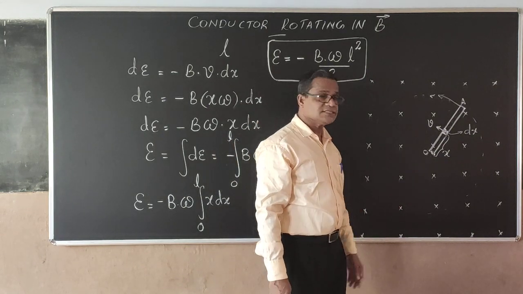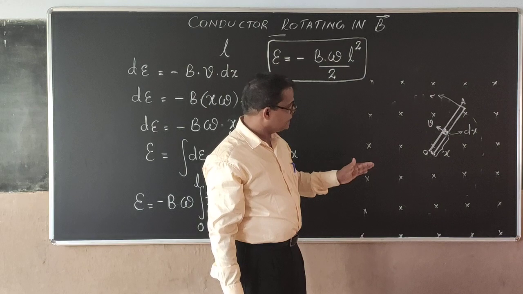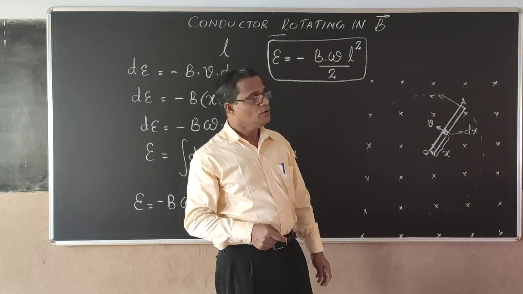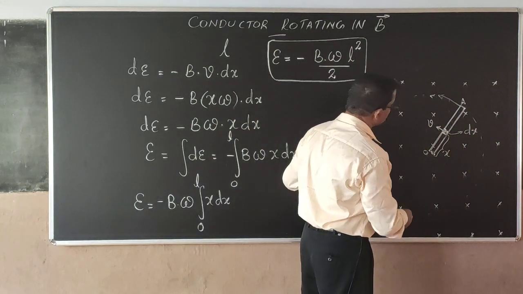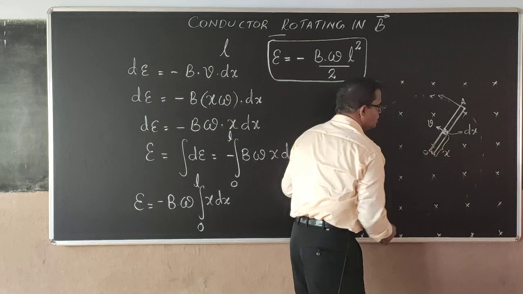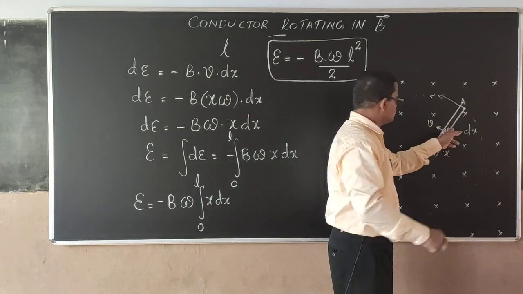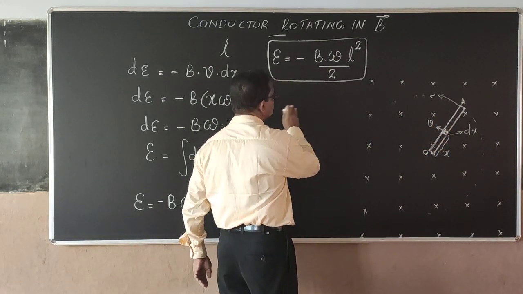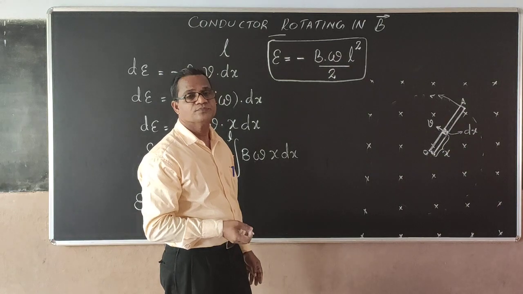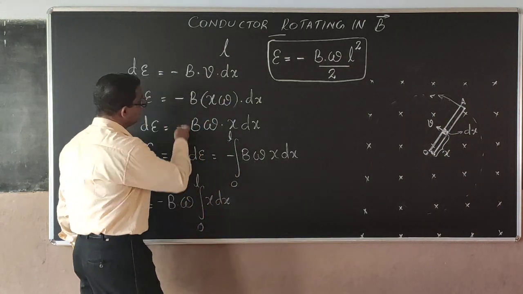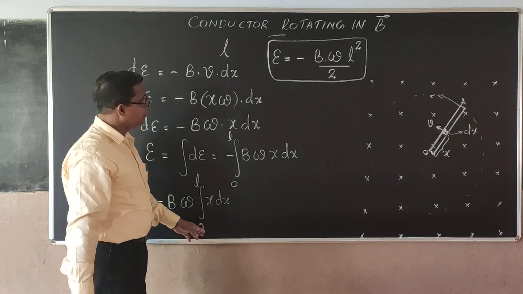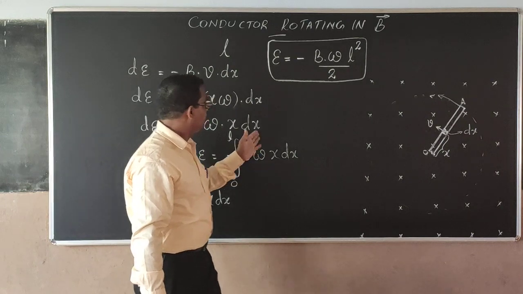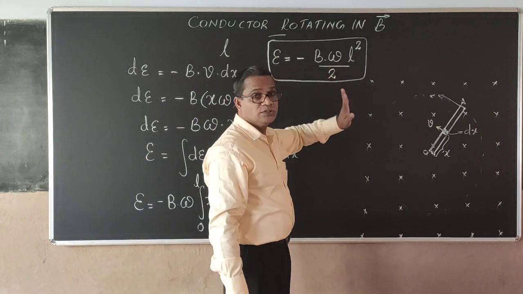But there are special cases. Suppose you take the conductor and rotate it about its midpoint. When you rotate the conductor with respect to its midpoint, the EMF induced in that case will be 0, because when you take the midpoint, the integration limit will be from minus L by 2 to plus L by 2, and by doing that you will get the whole thing 0.